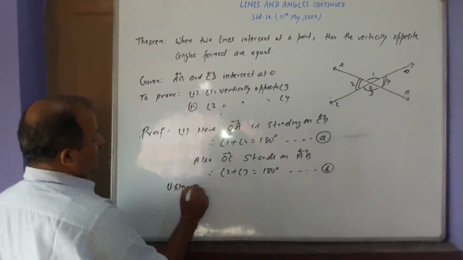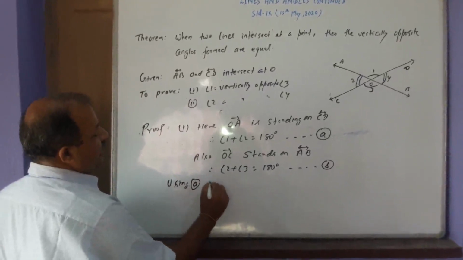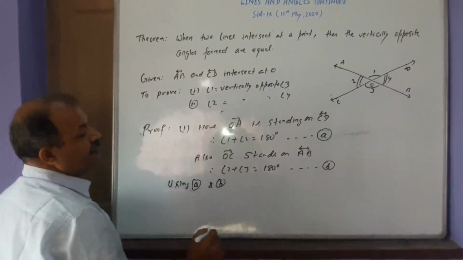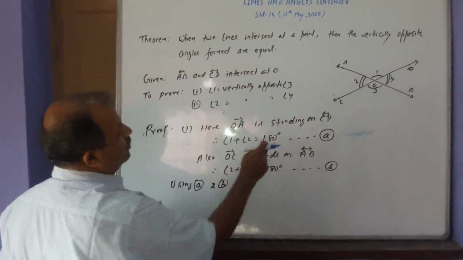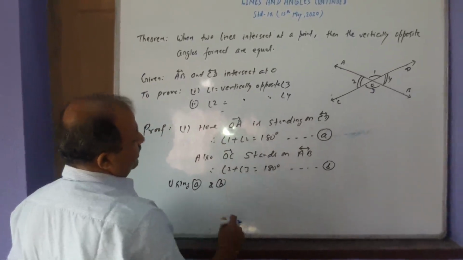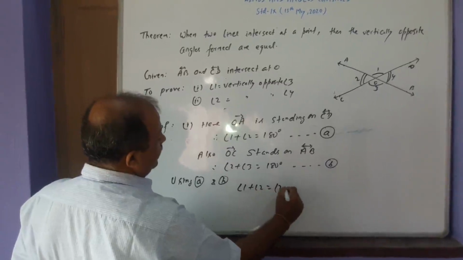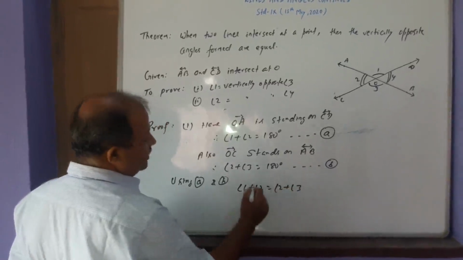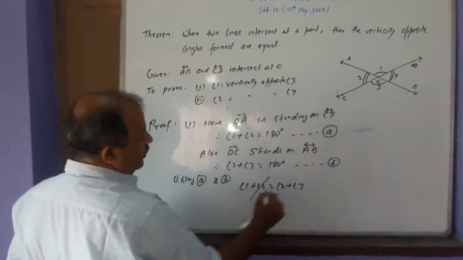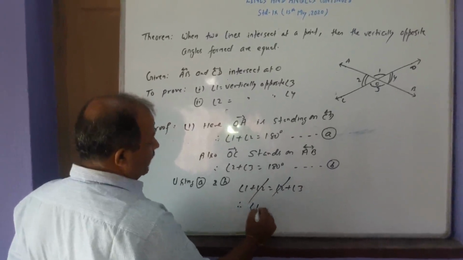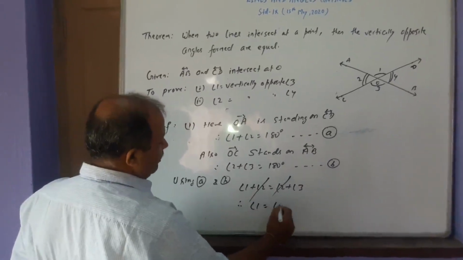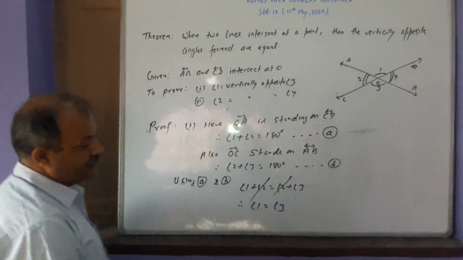Using A and B, here angle 1 plus 2 is 180, angle 2 plus 3 is 180. Therefore, angle 1 plus angle 2 is equal to angle 2 plus angle 3. Angle 2 will be cancelled by angle 2 and we are left with angle 1 is equal to angle 3.